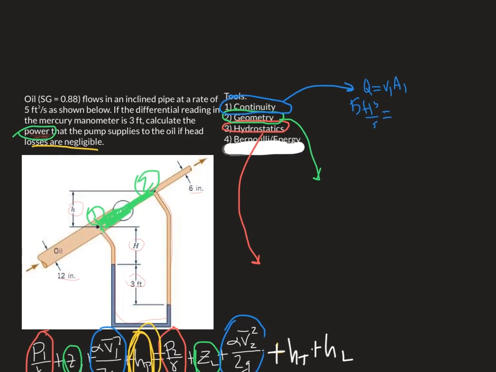V1, we don't know that. And area 1 is pi times 12 inches, 1 foot, squared on 4, and from that you get V1 equals 6.366 feet per second.